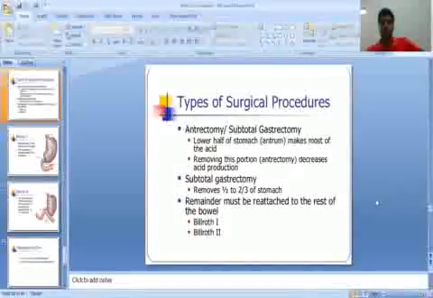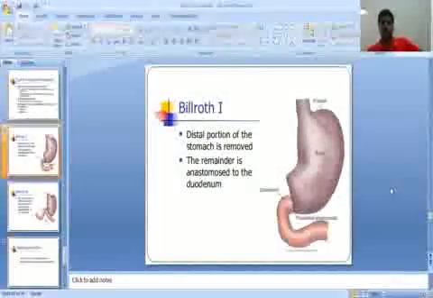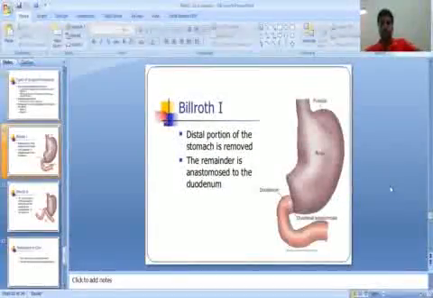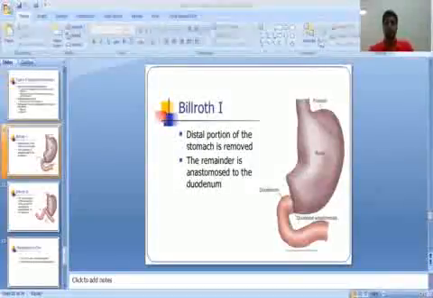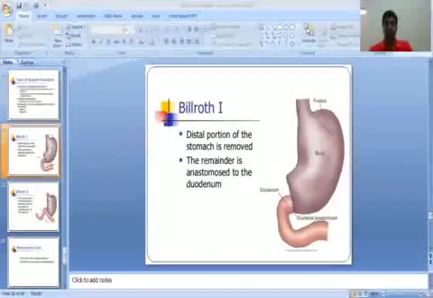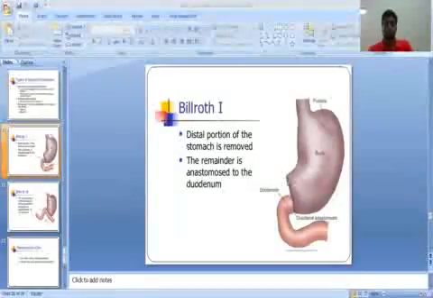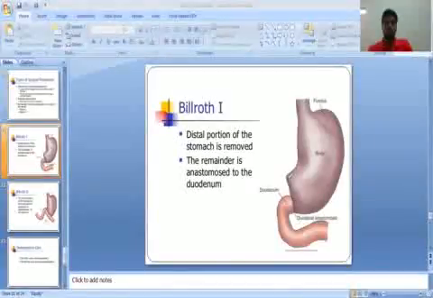There are two types: the first one is Billroth 1 and the second is Billroth 2. Let's understand Billroth 1. In Billroth 1, the distal portion of the stomach is removed. The remainder is anastomosed to the duodenum.